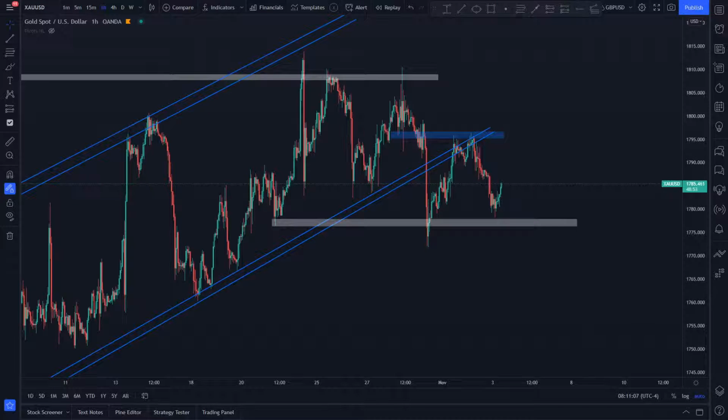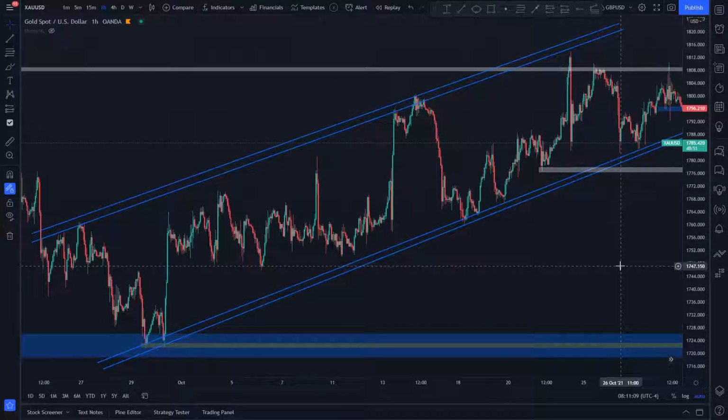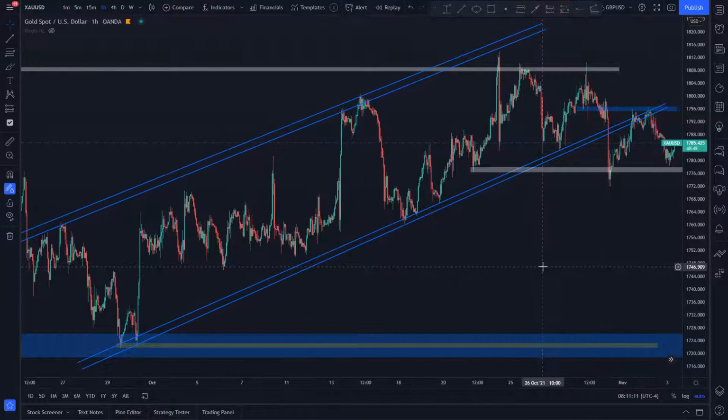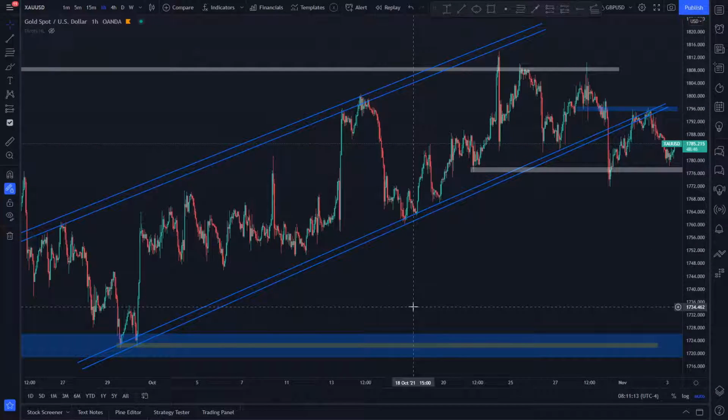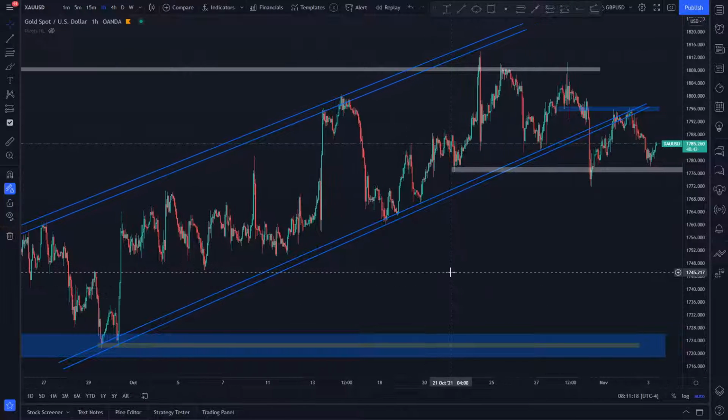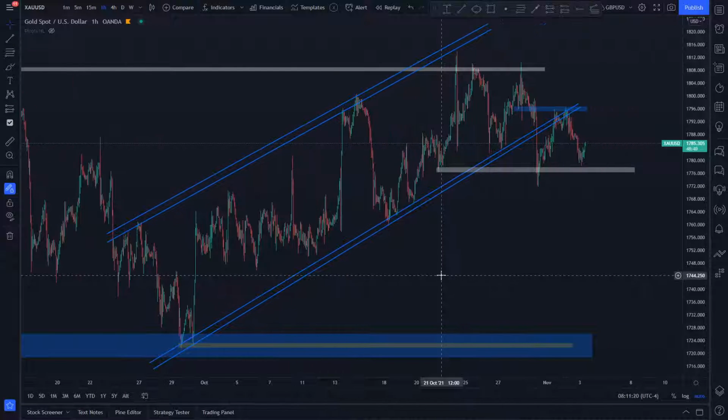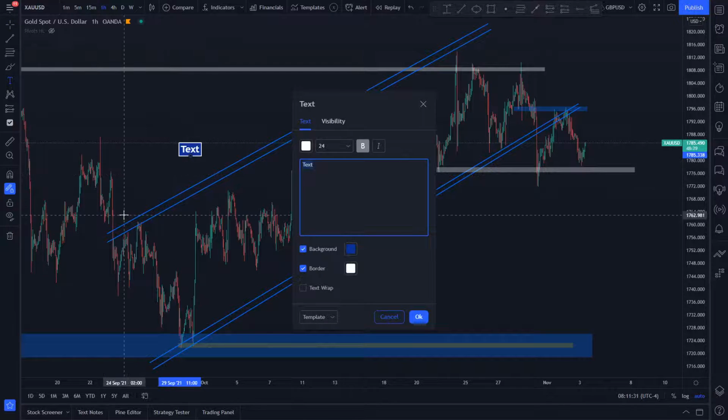But like I said from my previous question, why do you think it's so important to mark up structure so much, right? Why do you think that is? Correct.